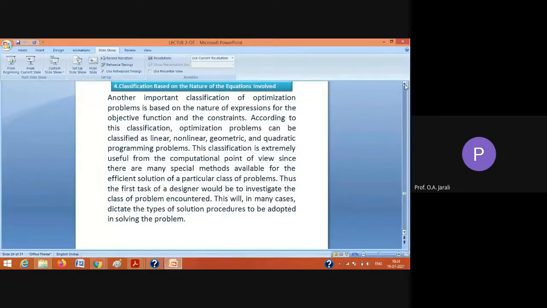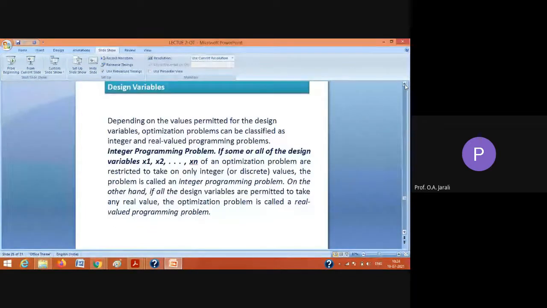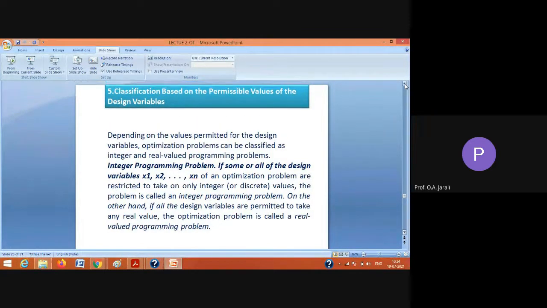Once you investigate the class of problem, then you can easily solve. So this will in many cases dictate the types of solution procedure to be adopted in solving the problems. Okay, this is classification based on the nature of equation. So the fifth classification is based on permissible values of the design variables.